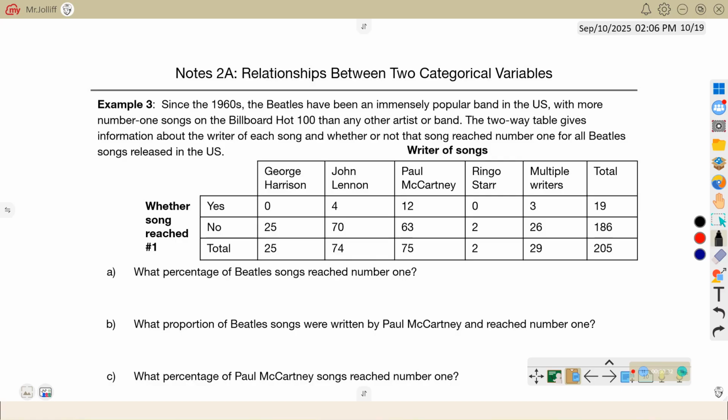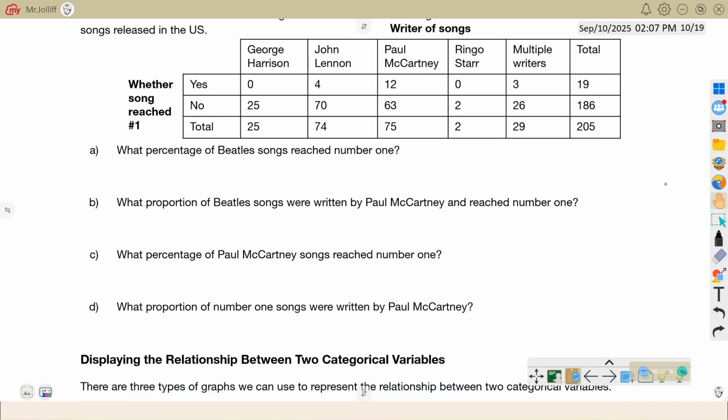And then they were sorted by artist, who wrote the song. They list the band members, and then multiple writers is the last category. We're going to answer some questions. I'm going to color code this, so you may want to have some markers or colored pens handy. Otherwise, I lose track of what I'm doing.